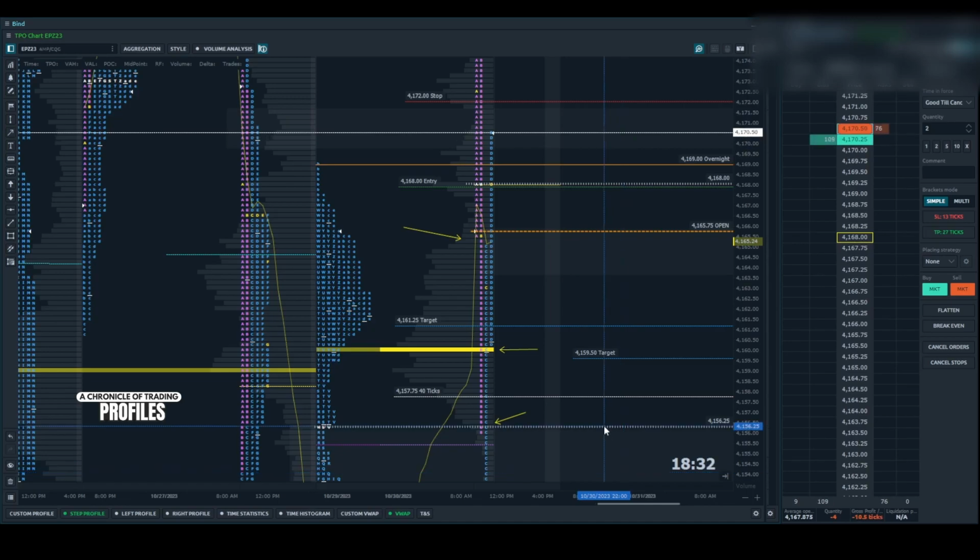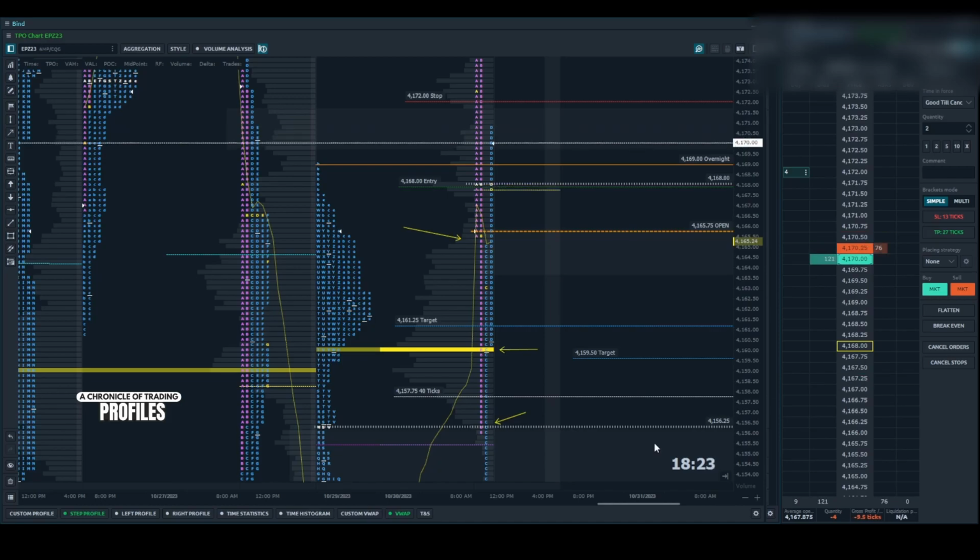Obviously, at this point, I could have gotten a lot better entry, but how did I know that it was going to go this far into this low volume node?